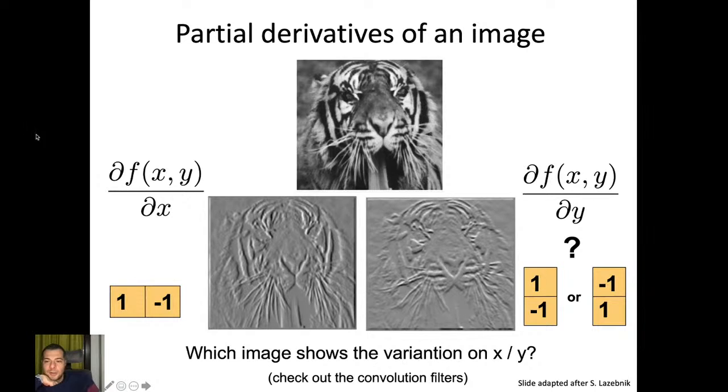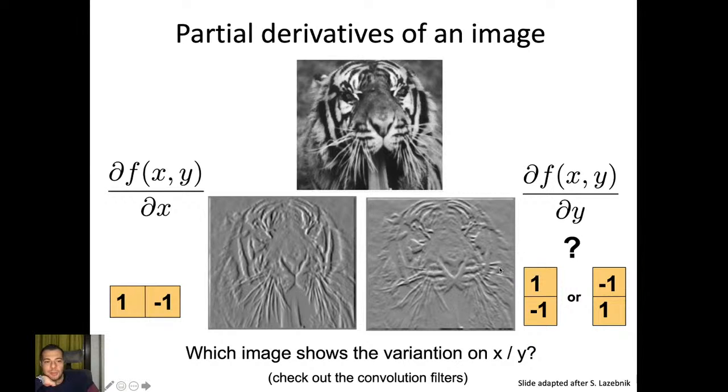Okay, so the filter here is 1 minus 1. I think, yeah, this is a trivial question to answer. In this case, we see the white patterns with higher intensities when we go from black to white, and lower intensities, so black, when we go from white to black.